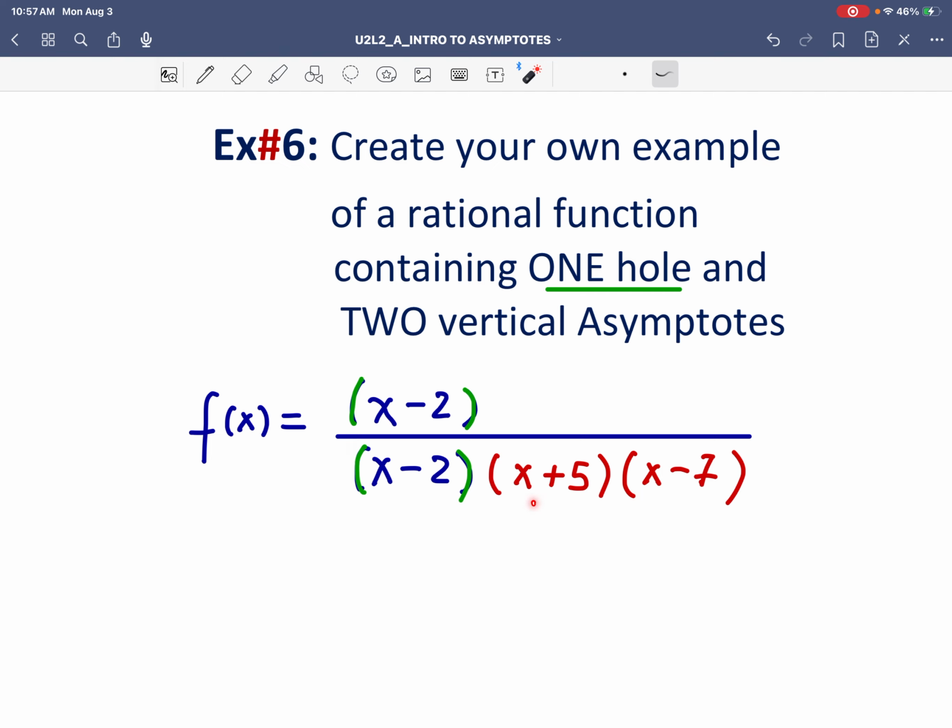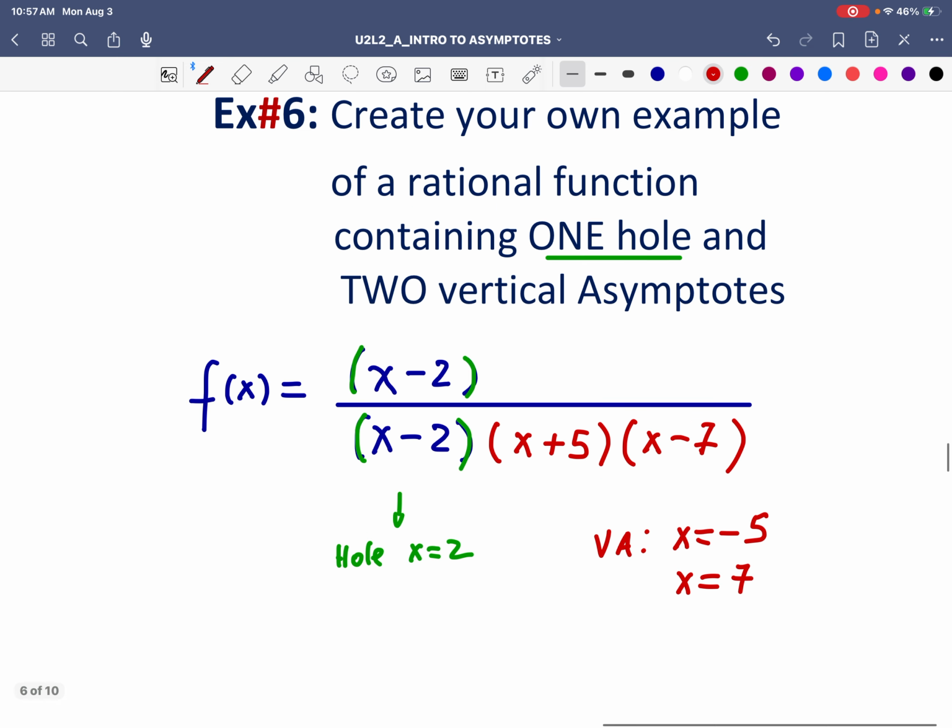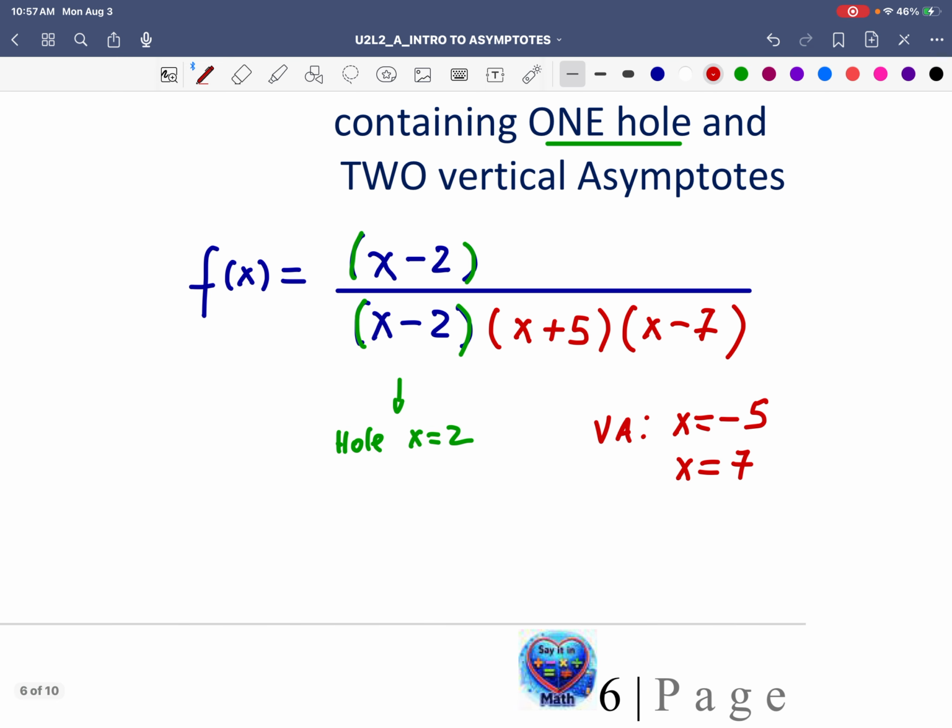It doesn't really matter. So this function will have a hole at x equals 2 and vertical asymptotes at negative 5 and 7. If you were to find the coordinates of the hole, then you will have to determine the value of the function at 2, but with a simplified restriction.